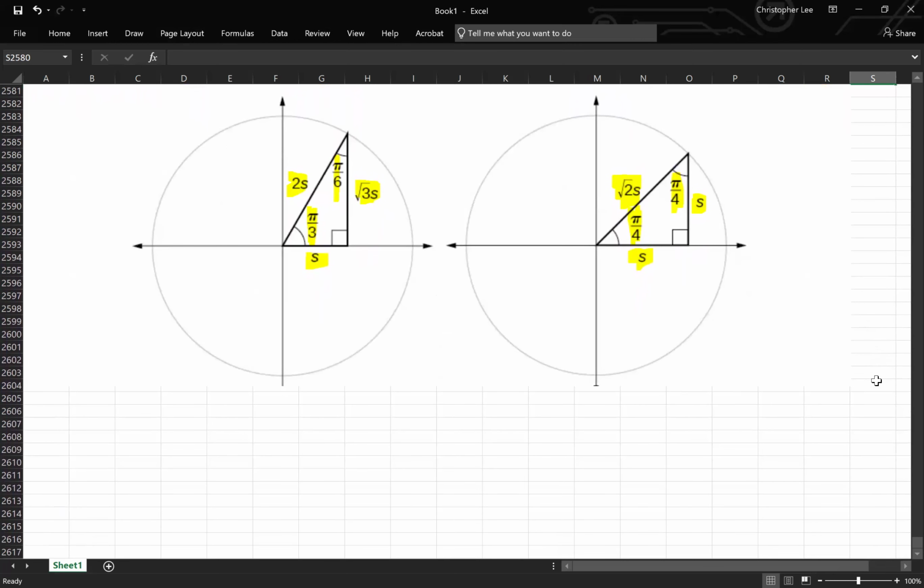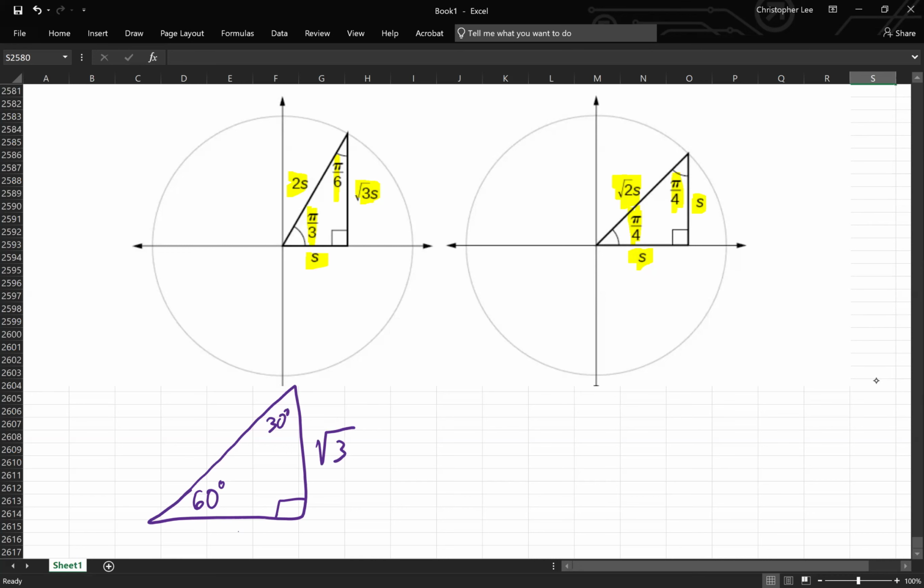I would like to rewrite these for you just to make it pop a little bit. If I have a special right triangle like so, that's 30 degrees over here, and this is 60 degrees. Opposite the 60 degree is going to be radical 3.